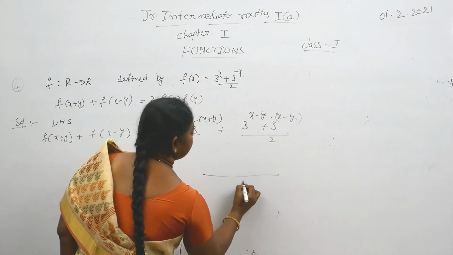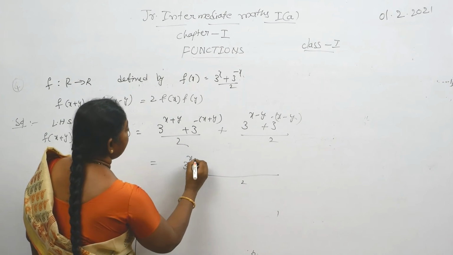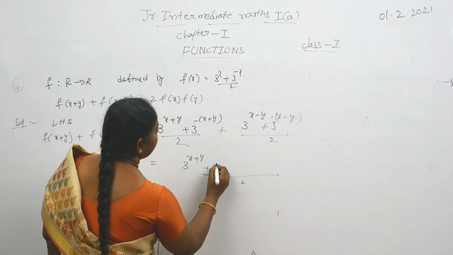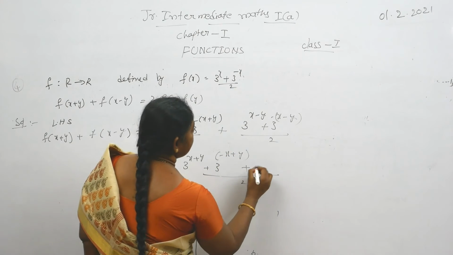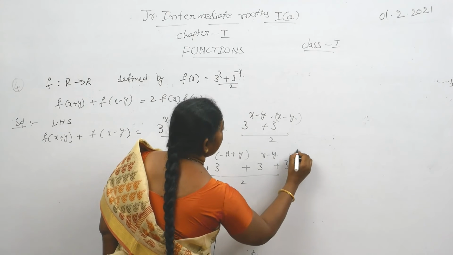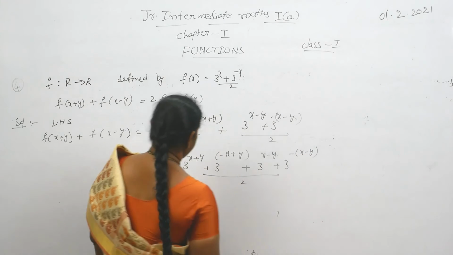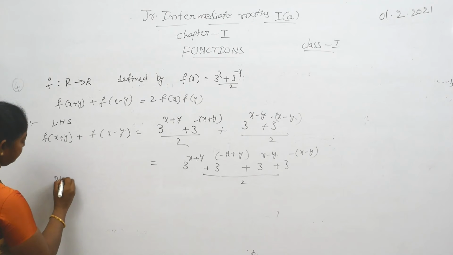Taking LCM 2, so 3 power x plus y plus 3 power minus x plus y plus 3 power x minus y plus 3 power minus x minus y. So next taking RHS.